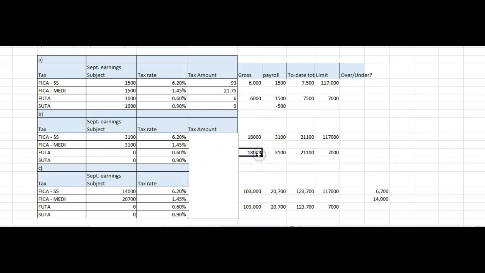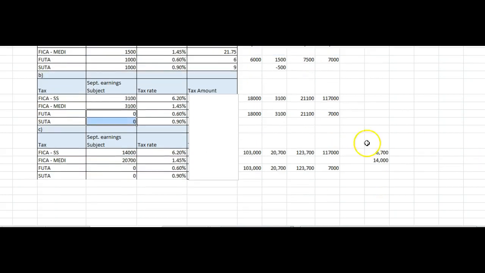FUTA, I'm already at $18,000. That becomes a no-brainer. It's over the $7,000, so I don't charge any FUTA or SUTA. Same thing with the one down here. I'm at $103,000. That's over the $7,000. So those two are not even looked at in this problem.